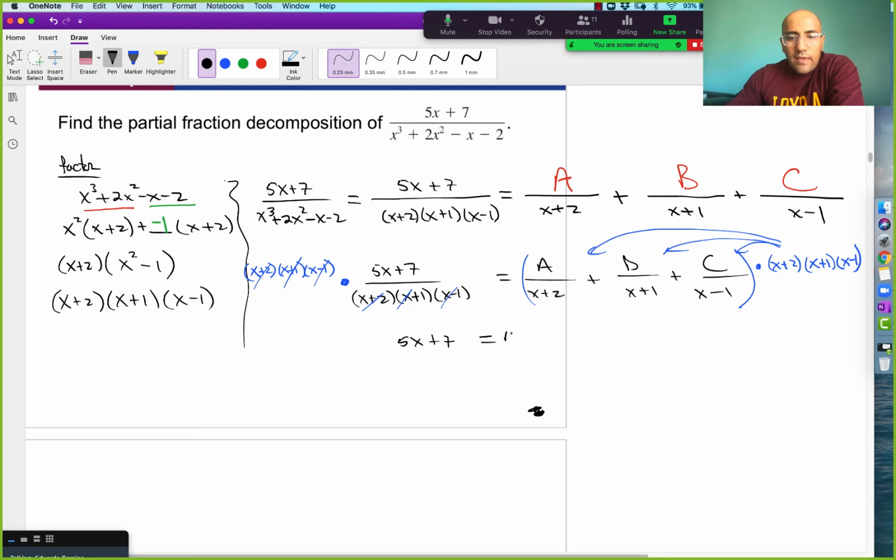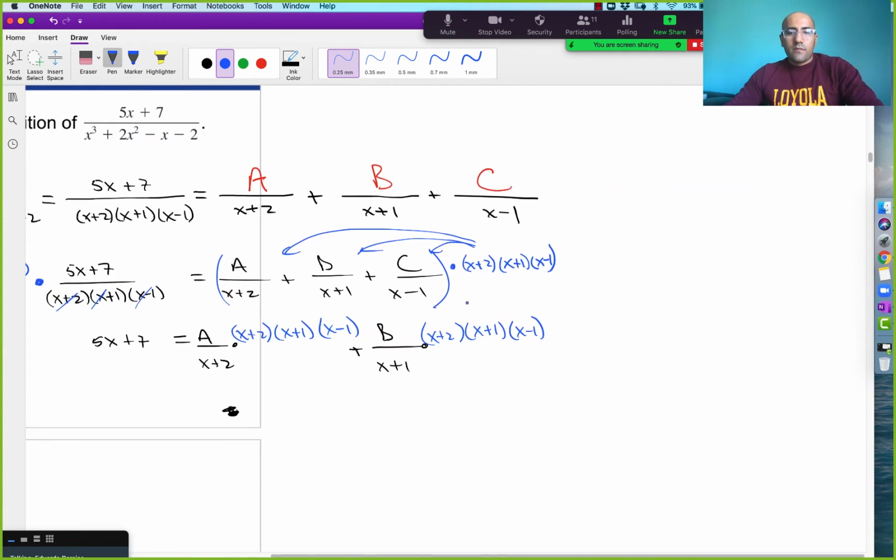So I'll end up with A over (x + 2) times (x + 2)(x + 1)(x - 1), plus B over (x + 1) times all three, (x + 2)(x + 1)(x - 1), plus C over (x - 1) times (x + 2)(x + 1)(x - 1).